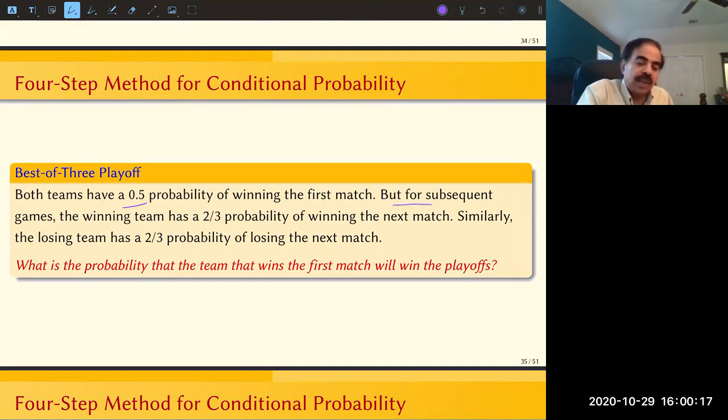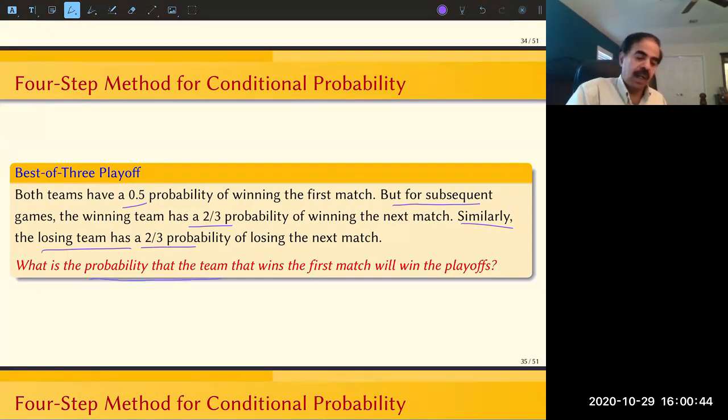But what's going to happen is that if a team wins, they are going to be energized, and in the next game, they are more likely to win, right? So the winning team has a 2/3 probability of winning the next match. Similarly, the losing team has a higher chance of losing because they feel diffident going into the next game.